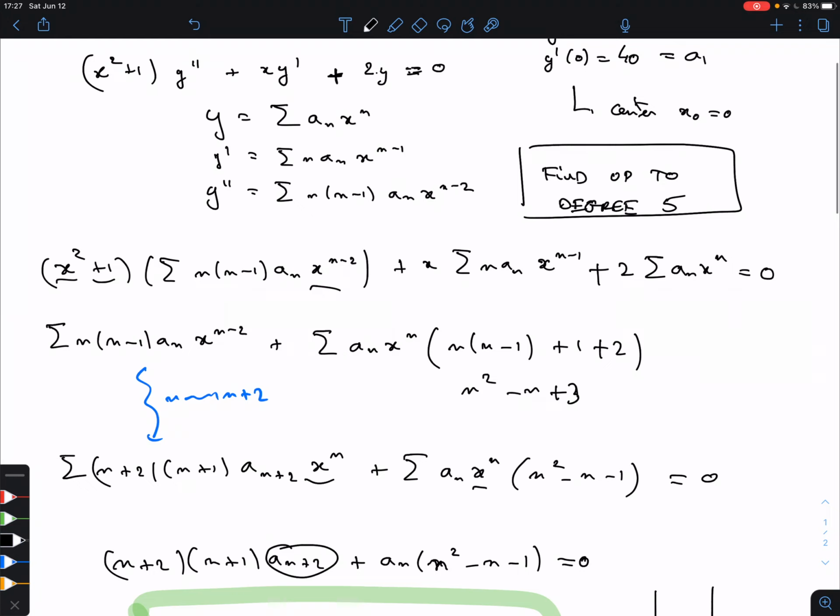And oh, this is an n. I don't know what I was doing here. Look, sometimes if you go too fast, you make mistakes, right? So I apologize. A lot of things I made mistakes here.